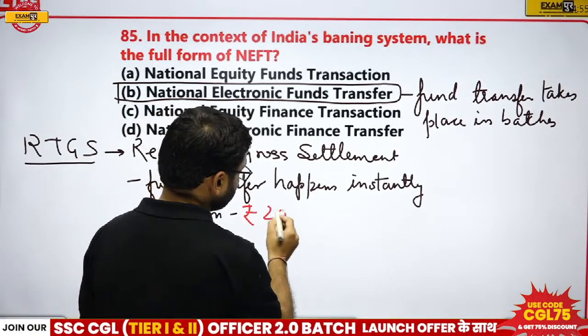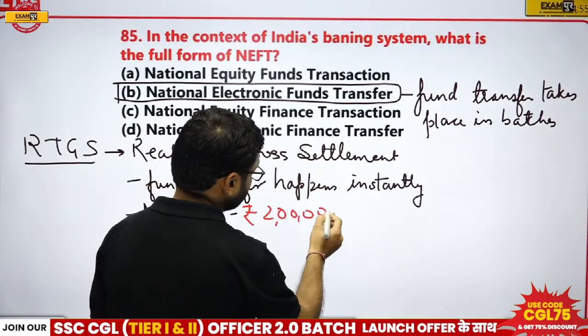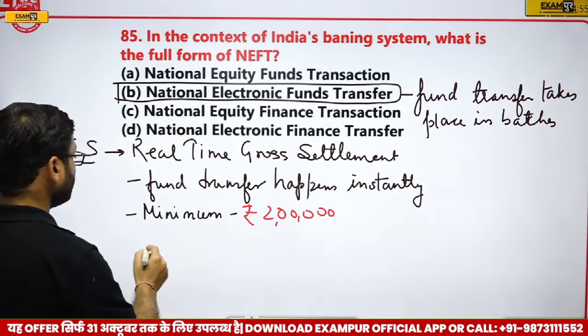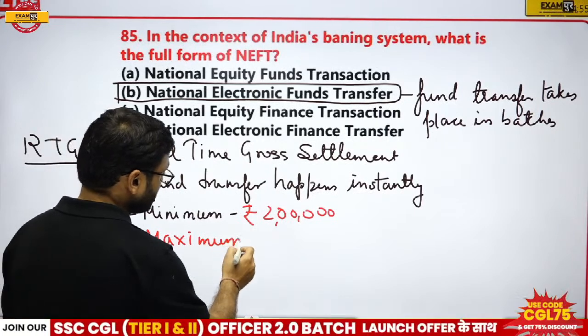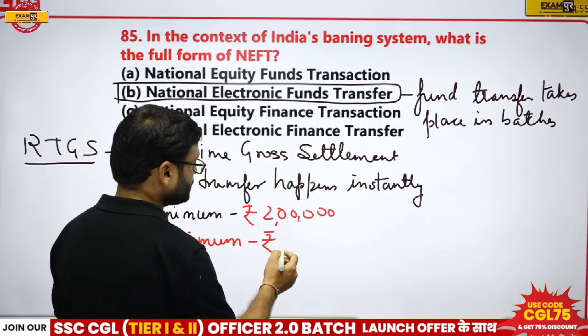The minimum amount that can be transferred through RTGS is rupees 2 lakh, and when we talk about the maximum, the answer is no limit.